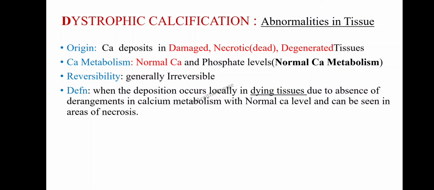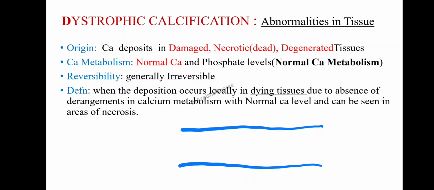Then the next point is the metabolism of calcium. Here it is a very normal calcium level. There is no abnormal metabolism of calcium, like hypocalcemia, less calcium, or hypercalcemia, more calcium in the blood. The calcium level is quite normal. We can draw this as a blood vessel, BV means blood vessel.